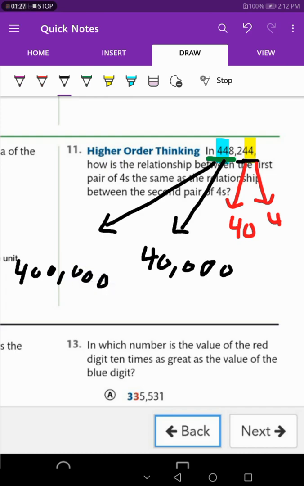What is the relationship between these two numbers, Rayan? Multiply by 10. Yes, correct. The 400,000 is 10 times the 40,000. Excellent. So the two pairs have the same relation.